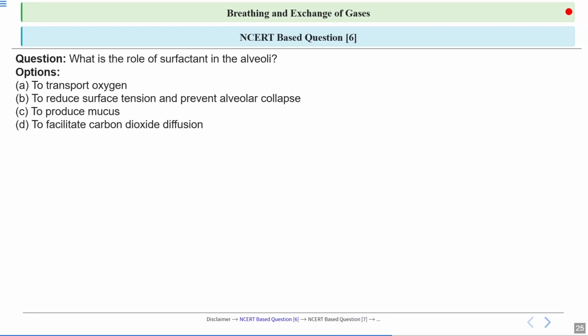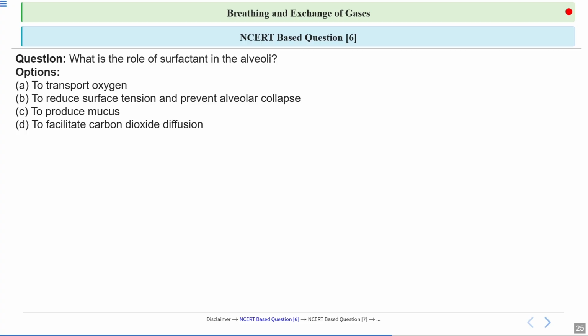Okay, now here we have some MCQs that are totally NCERT based, right? So the first question is here. What is the role of surfactant in the alveoli? I hope you know surfactant. Surfactants are substances that stop the particles that come along with the air in our respiratory tract, right?